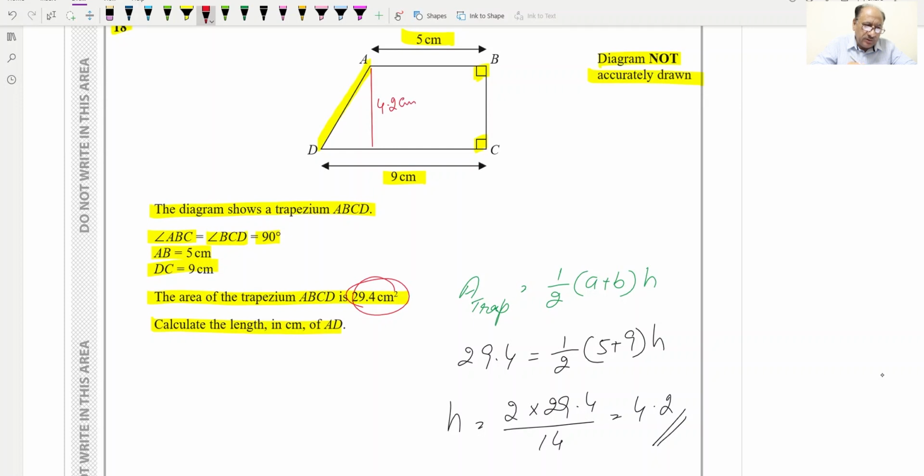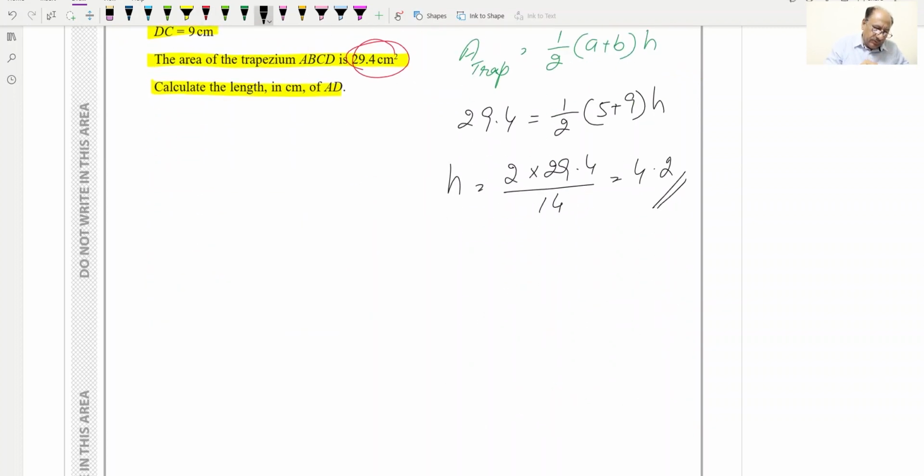4.2 centimeters, and now we need to find AD. For that we can consider the slanting height. If we check the difference between 9 and 5, we will get this length, and if we take this point as E, then DE will be 9 minus 5, which is equal to 4 centimeters.